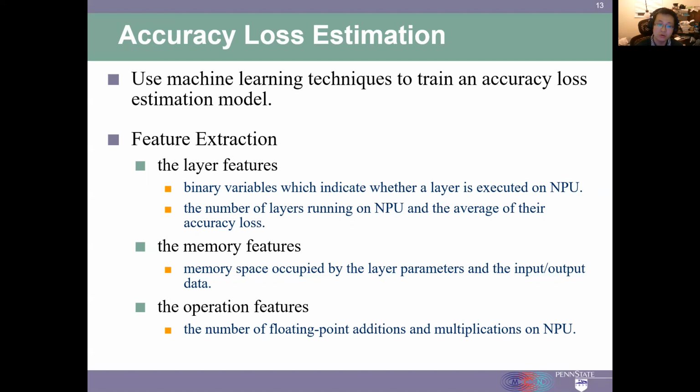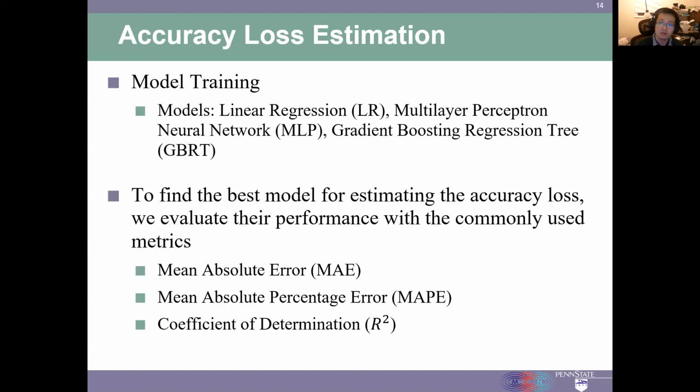We also include operation features, which indicate how many additions and multiplications are performed on the NPU. With these features, we train 3 different machine learning models, and we use commonly used metrics such as mean absolute error or coefficient of determination to measure the models' performance. Based on this performance, we select the best one to estimate the accuracy loss in our MLMP algorithm.